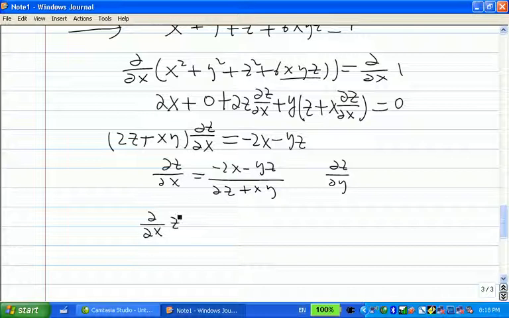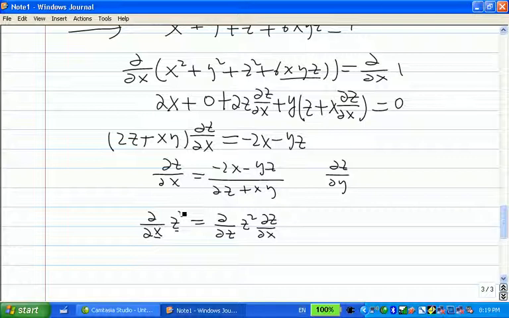Partial z squared with respect to x gives you 2z partial z partial x. Remember, use the chain rule. Now we want to change x and make z the same. So we do this: partial z squared with respect to x, you make it this way, z squared, then d of that function, partial x.